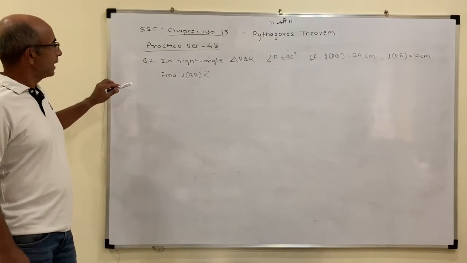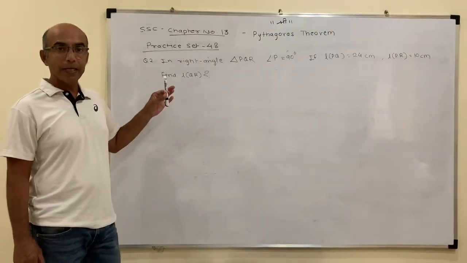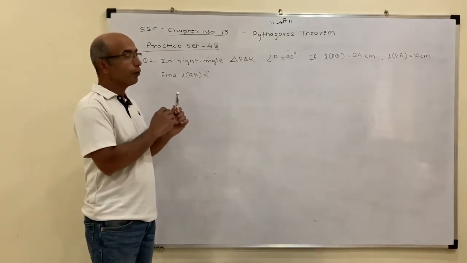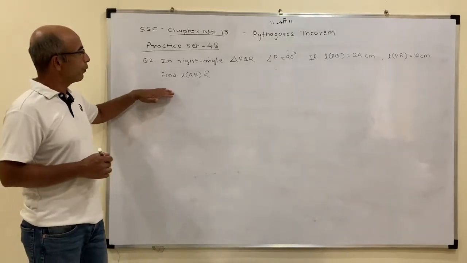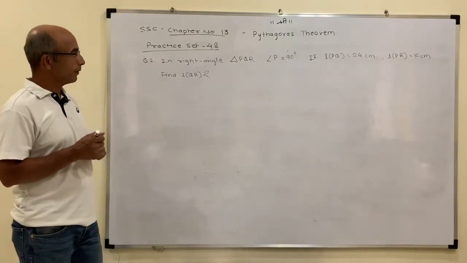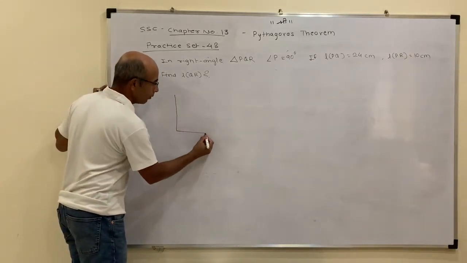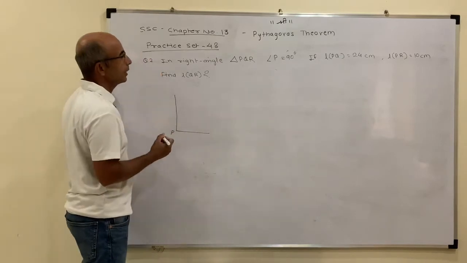Question 2. In right angle triangle PQR, angle P is 90 degrees, length PQ is 24 centimeter and length PR is 10 centimeter. We need to find QR. So first we'll sketch the triangle. What they say? P is 90 degrees.